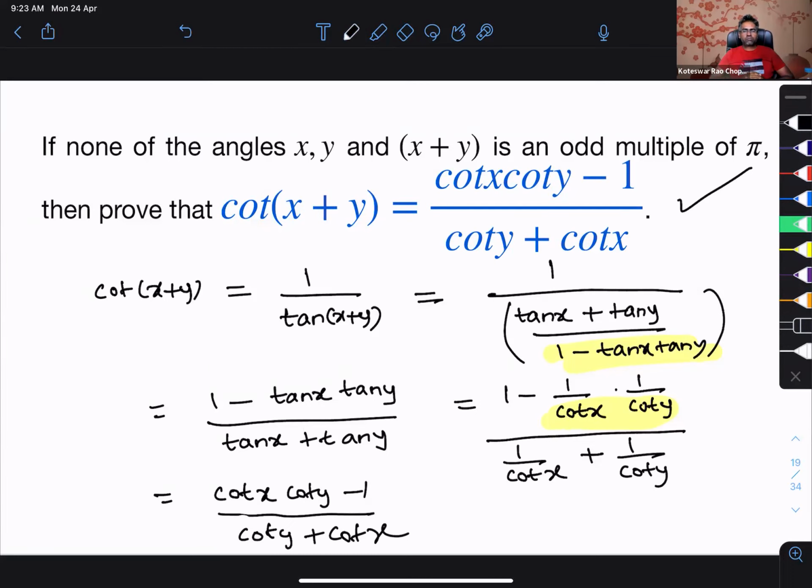I'm going to ignore writing these in the numerator and denominator, I hope you understand what I mean. So I'll just write cot x into cot y plus 1. But in the exam, it's better you write that. Squeeze in one more step for clarity. So that proves our result.